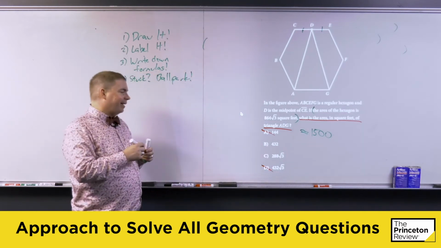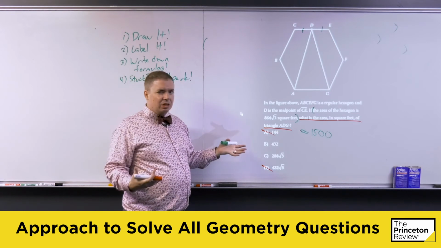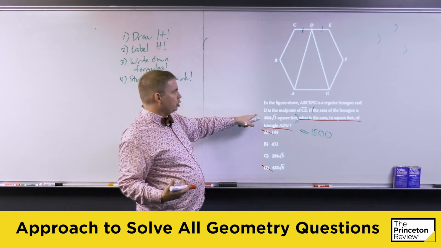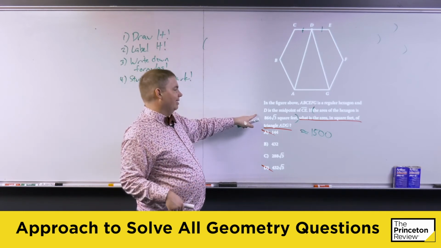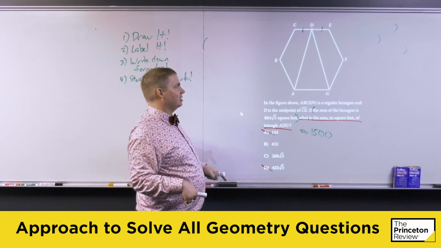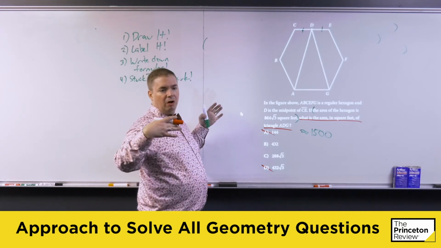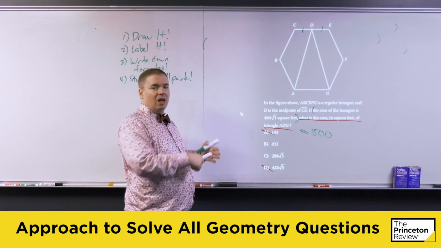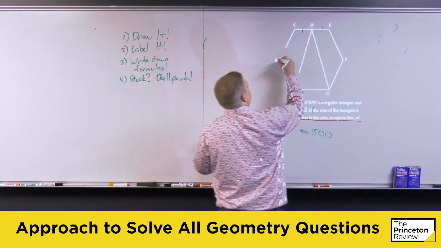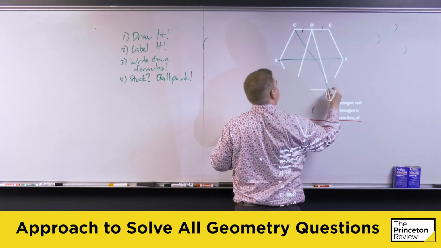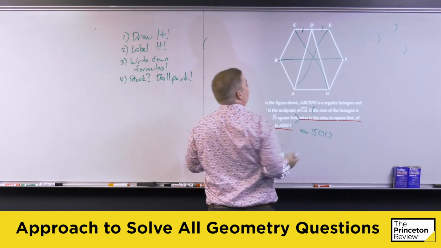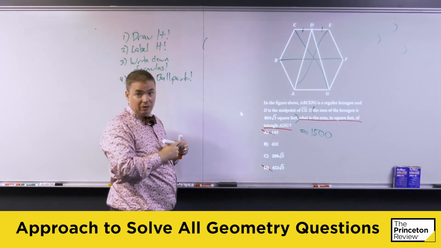And so by ballparking, I can be down to 2, and then I can use a little bit of logic here. Well, what's happening with this root 3 is that if it's a regular hexagon, we break it out into these 6 equilateral triangles.